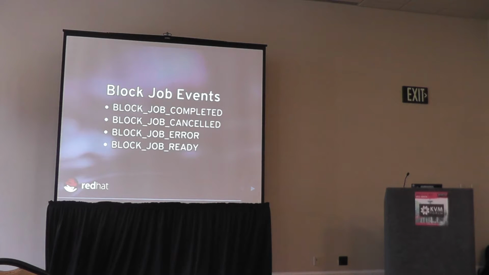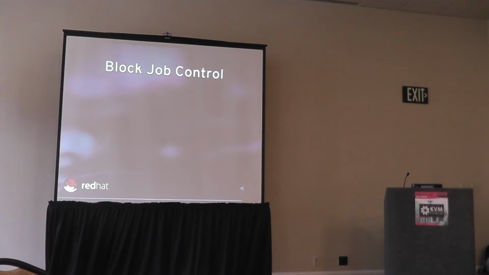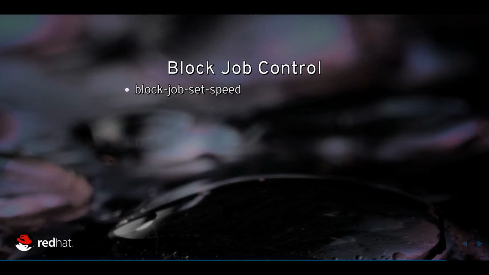Somewhat confusingly, the command is block job complete, which is easy to confuse with block job completed. But libvirt will send block job complete to initiate the completion of the block job. Mirror or active commit are a couple examples of ones that would use the block job ready and the block job complete handshake.